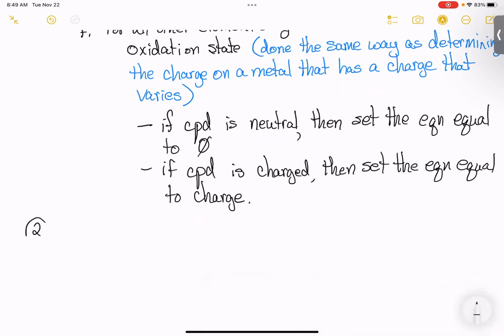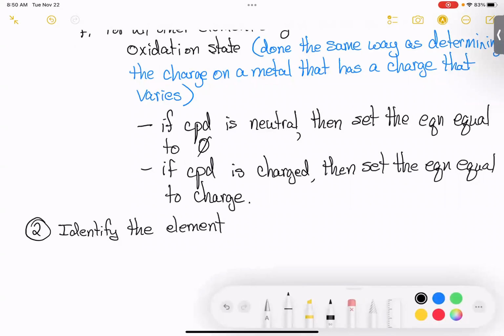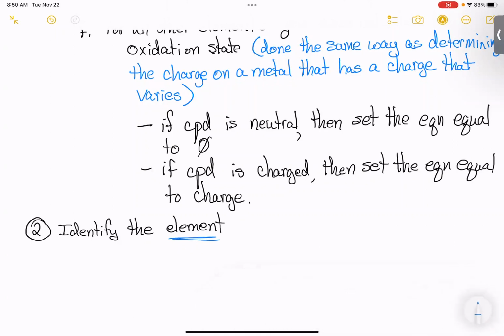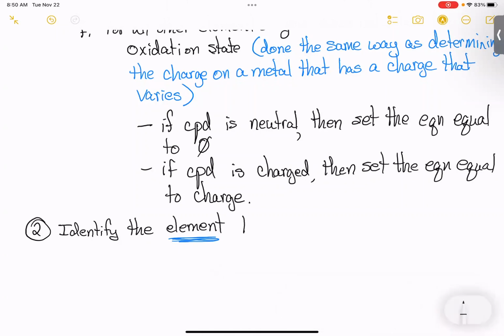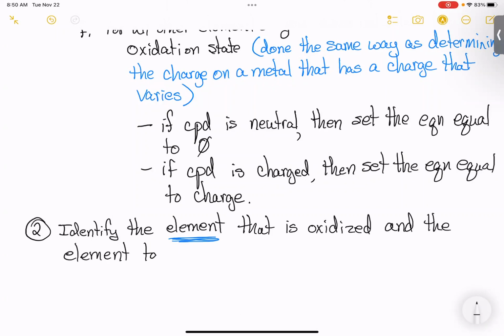The second step is to identify the element, and I want to emphasize I am talking about the element here, that is oxidized and the element that is reduced.